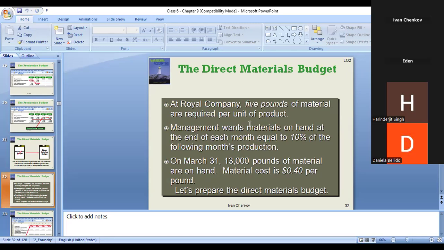Obviously, we don't want to run out of material, so we want to have the material that we need for our production plus 10% of the next month's material for production.